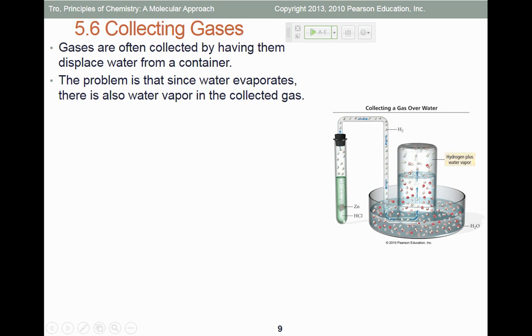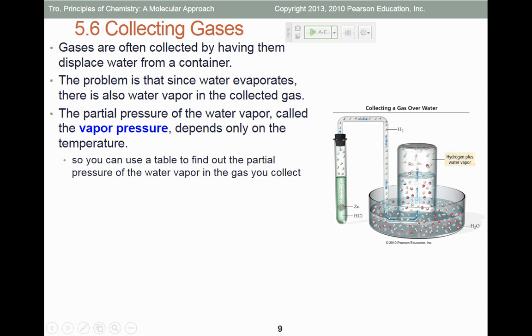So you're going to have to use what we've been talking about with mixtures to figure out what is actually attributed to your gas being formed and not from the water evaporating. So that's going to be important.